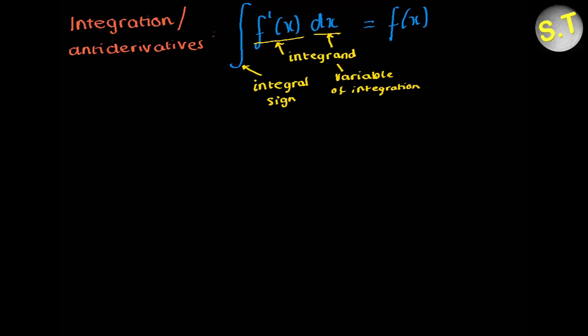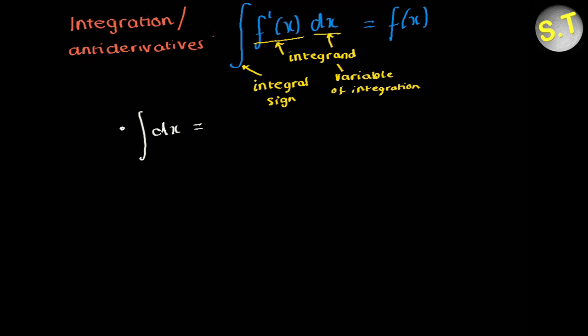So let's take a look at a couple of definitions first. Firstly, we're going to look at the difference between indefinite and definite integrals. It's known as an indefinite integral because there are no limits to the integration. You'll see what that means a bit more when we look at a definite integral.